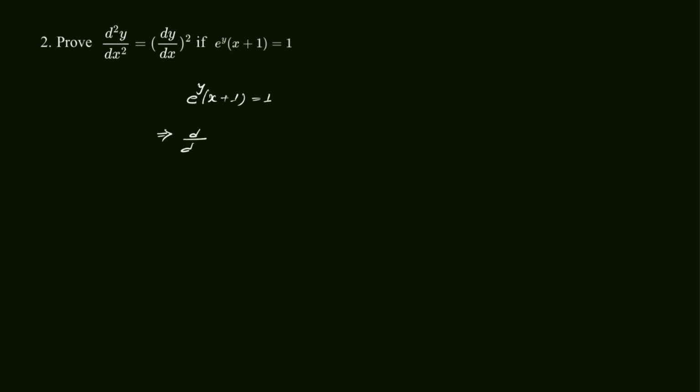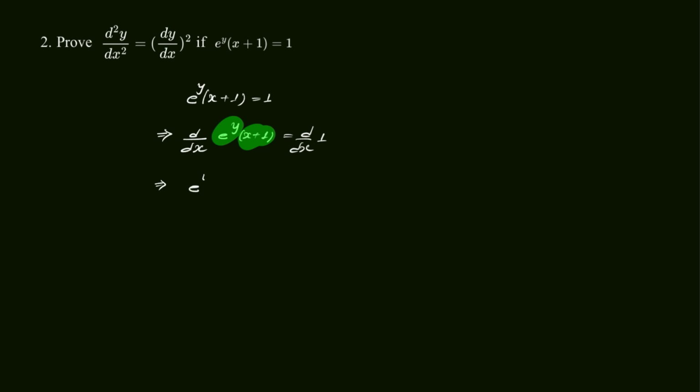So it will be d/dx of e to the power y into (x plus 1) equals d/dx of 1, and here we will be using the product rule, because the first function is e to the power y and the second is x plus 1.